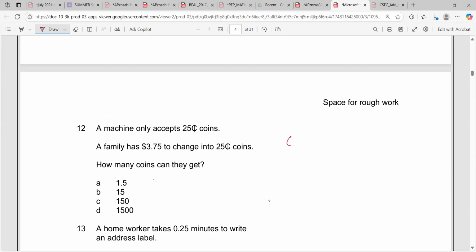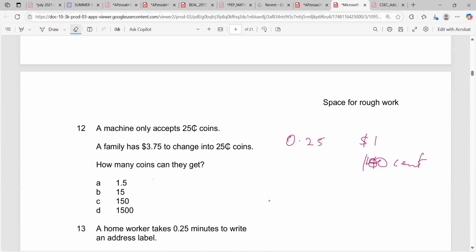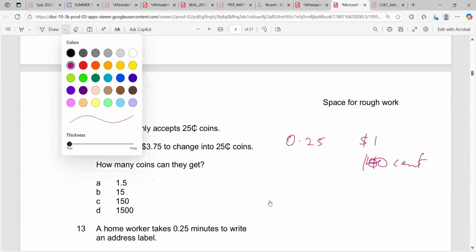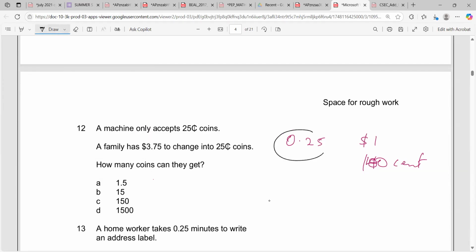One way to look at it, guys: in $1 they have 100 cents. So technically, when you have 0.25, that's 25 cents, right? In every dollar you're going to have four of these.